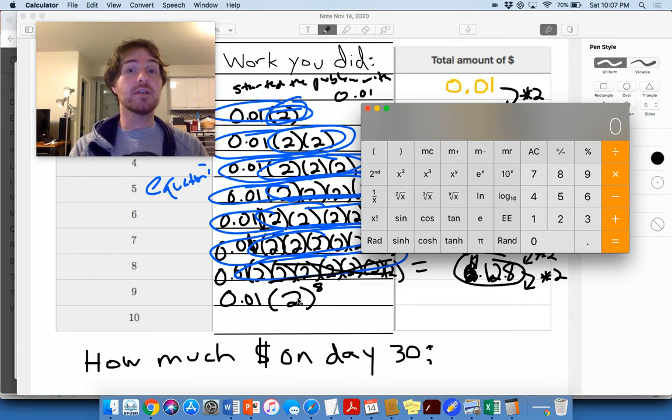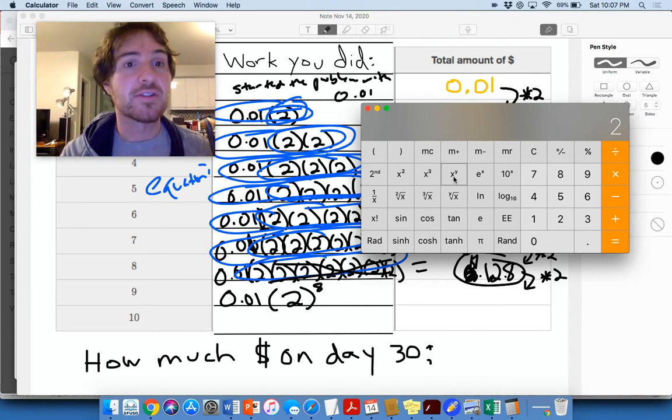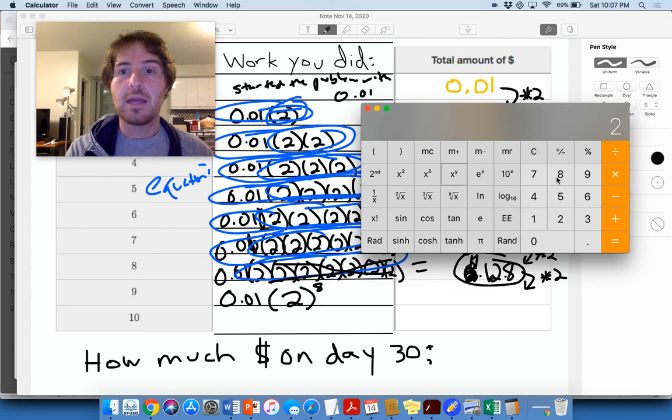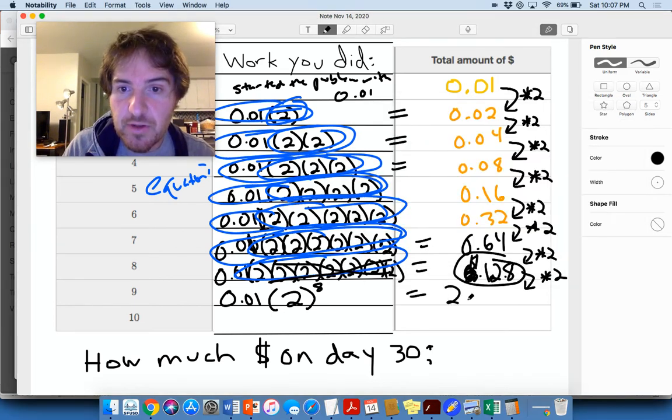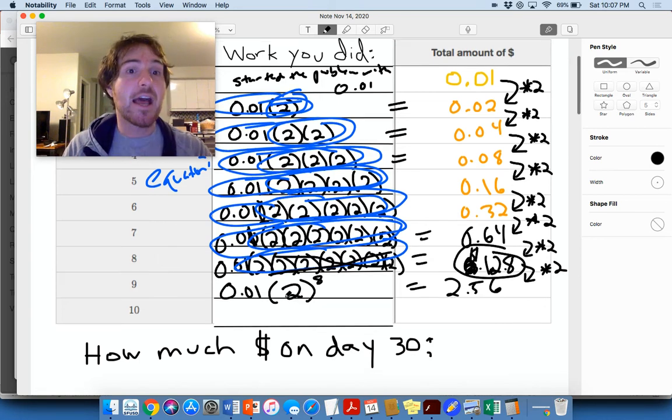So you have to do 2 to the 8th power first. The y to the x key means x to the y power, so you can specify what you want to take this to. 2 to the 8th power is 256, and I'm going to multiply that by 0.01, and I got my answer. I got $2.56. So this equals $2.56, and that's how you use the equation.